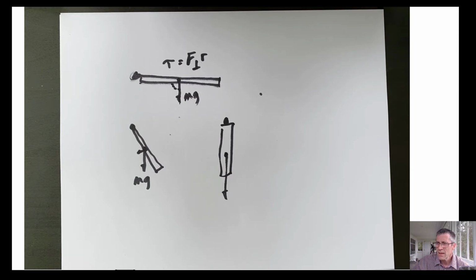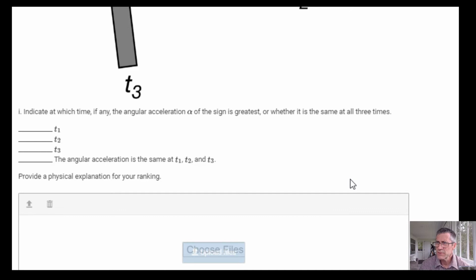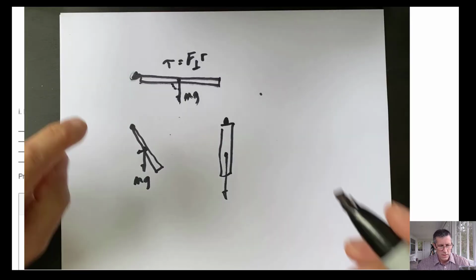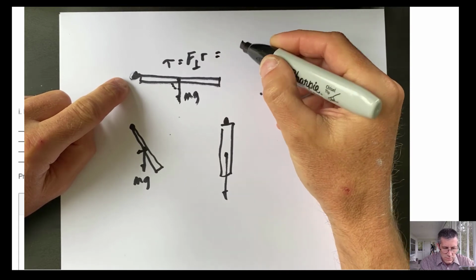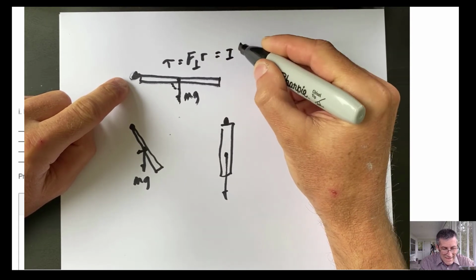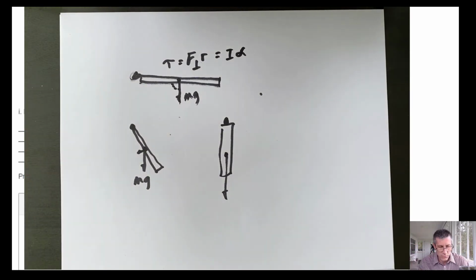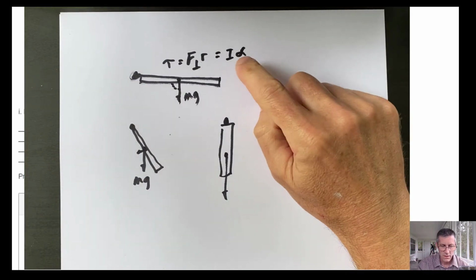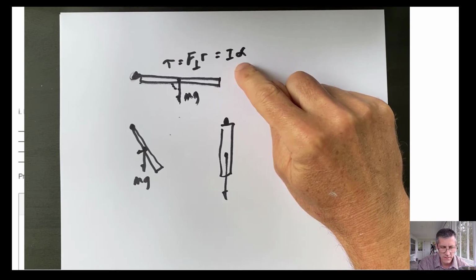So what is the question they're asking us? They're asking us to indicate at which times, if any, the angular acceleration of the sign, the thing falling, is greatest. Torque is equal to I alpha, Newton's second law of rotation. The moment of inertia is not changing, and my bar is maintaining the same size.